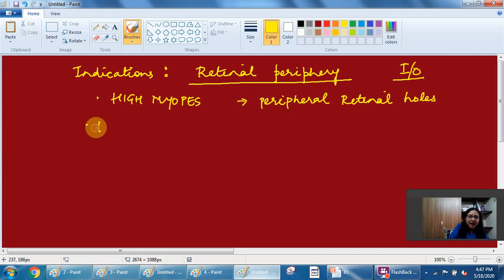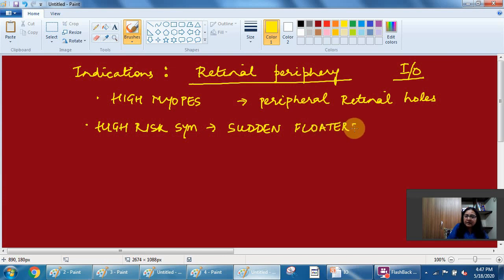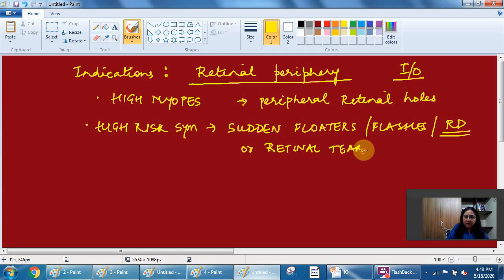Then high risk symptoms, like sudden onset of floaters and flashes in a patient, decreased vision, a curtain-like shadow. All these are high risk symptoms suggestive of retinal detachment. So to look for retinal detachment or retinal tears, we have to perform indirect ophthalmoscopy.